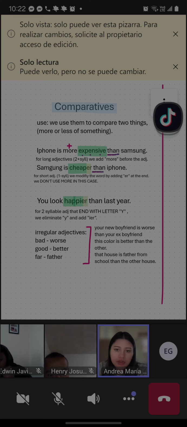Okay, let's go now with superlatives. So superlatives. We use them to mention or to describe something that doesn't have comparison.